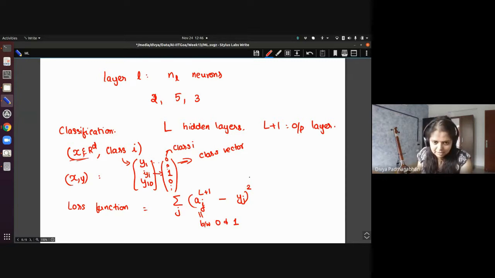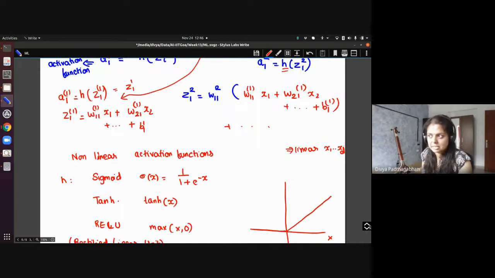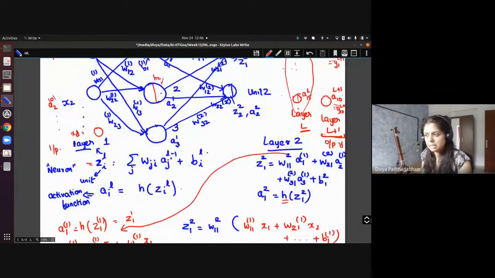You want to do this for every training instance, every (x, y) in your data set. This is the loss. If this value is low, that means somehow the w's and the b's that you have fixed work well.